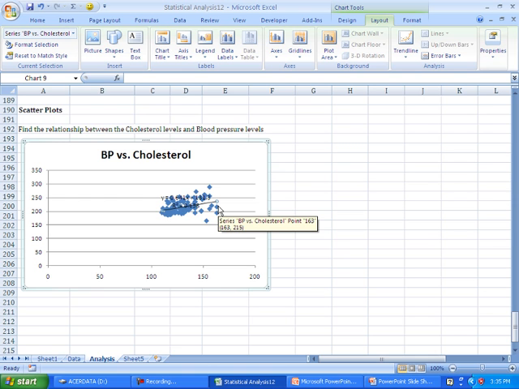It's not a fully flat line, which says that the relationship between the blood pressure and cholesterol is a positive relationship. As the blood pressure levels are increasing, the cholesterol levels also could increase and vice versa.